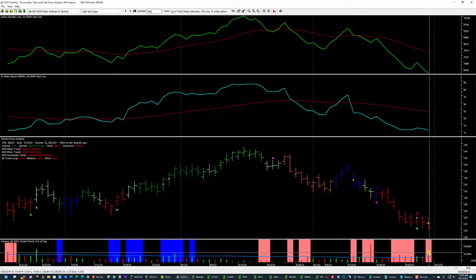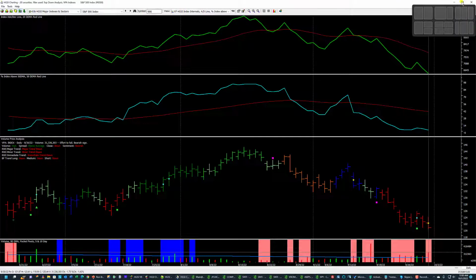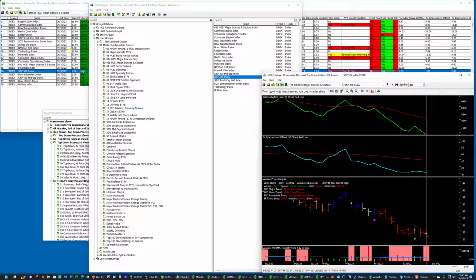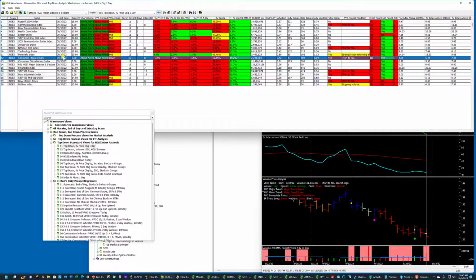You can see that there was a big volume spike here on the computed index. These are computed by HGSI. So what I'm seeing, other than with the NASDAQ composite, which said below average volume, I'm seeing selling pressure on these indexes that are computed by HGSI, and also on the SPY and the QQQ.